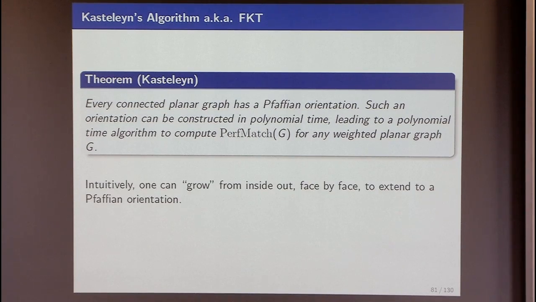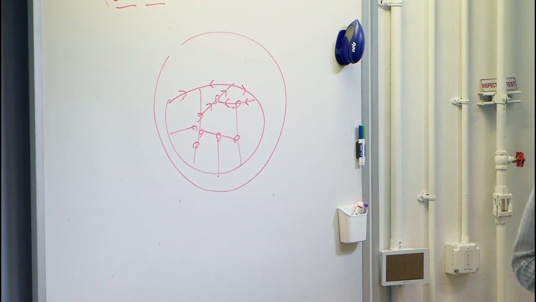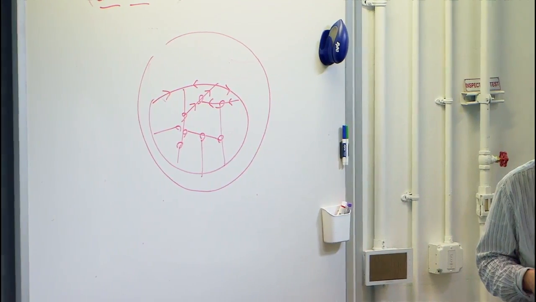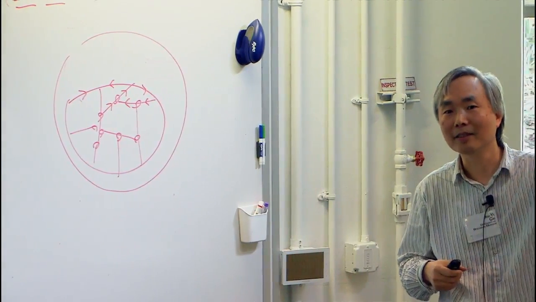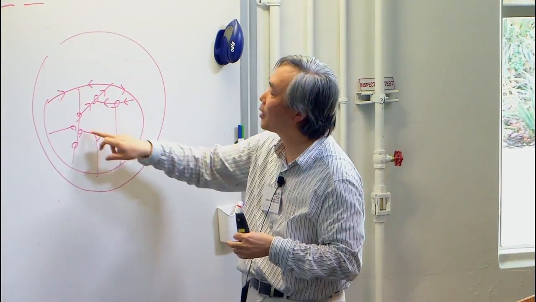Okay. Now, intuitively, if you have a planar graph and you want to make sure that on every face you have the right orientation, you have an odd number of clockwise oriented edges, then you just sort of grow, right? You just assign it.